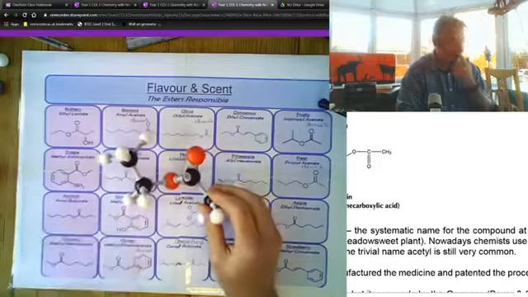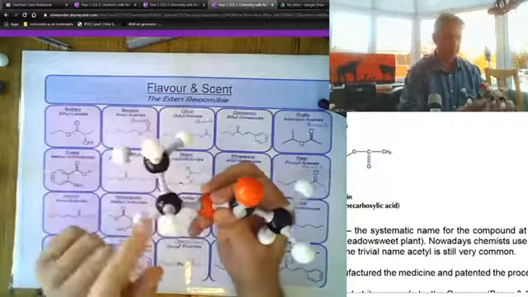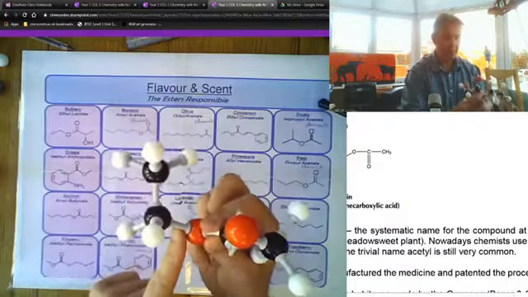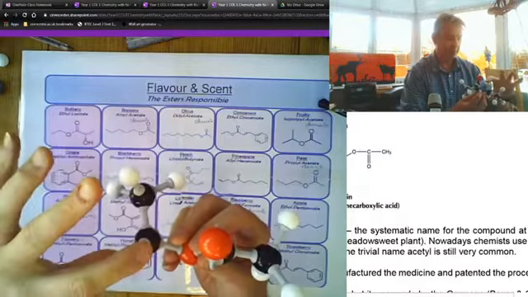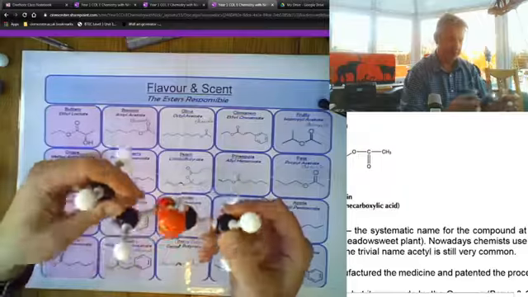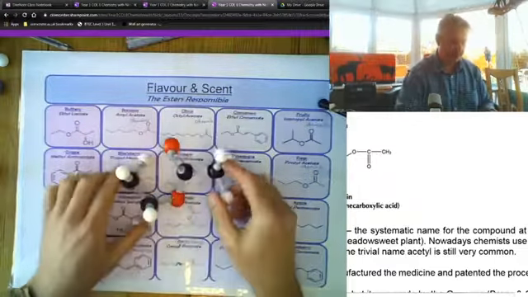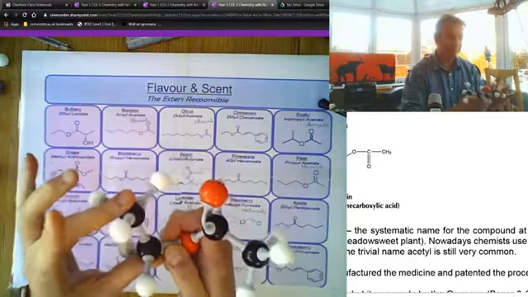Now the way we would name this ester is we start from this bit, which has come from the alcohol, because we know it doesn't have a double bonded oxygen on it. It's only got the one oxygen on it, which is connected to the next part of the chain. So this bit's come from the alcohol, this bit's come from the acid. So we start by giving this bit as a stem.